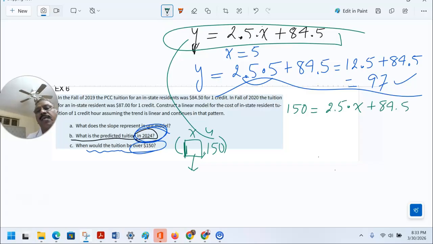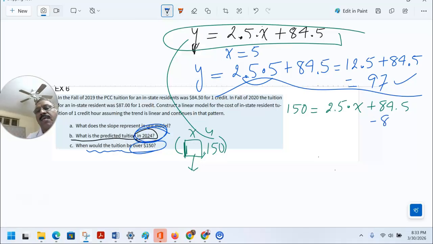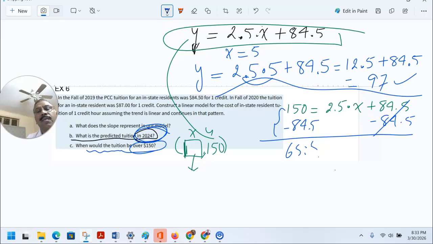The first step is back to your 7th, 8th grade math where you subtract 84.5 from both sides. You use your calculator, this crosses out, and when you subtract, you get 65.5 equals 2.5x.